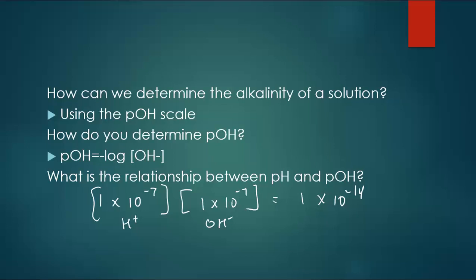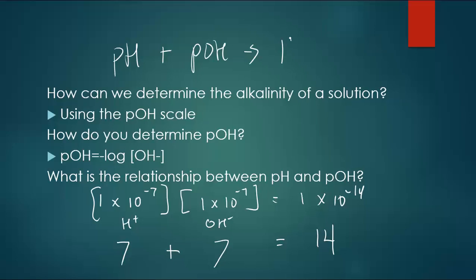Well, what if we take the pH of this, 7, and the pOH of that, 7? The pH of 1 times 10 to the negative 14th is 14, so what do these 7s have to do in order to equal 14? In other words, pH plus pOH must equal 14.